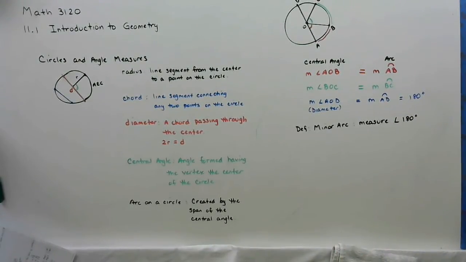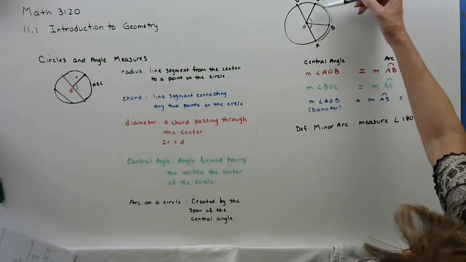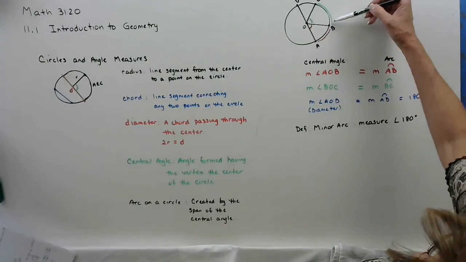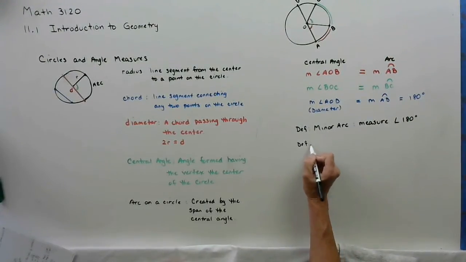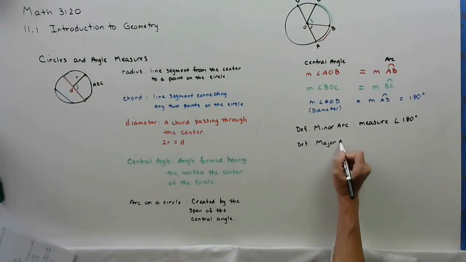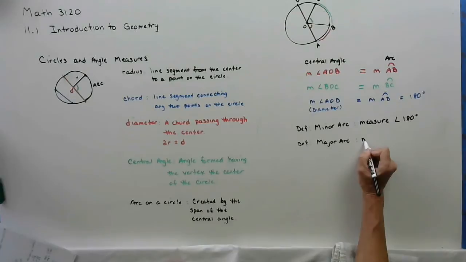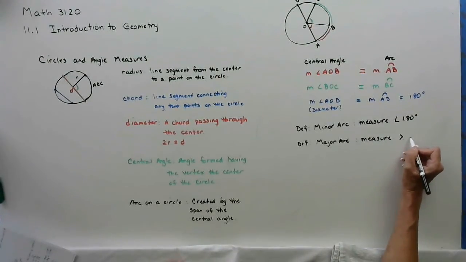So a minor arc might be this arc AB or BC, where I can see it's clearly less than 180 degrees. A major arc has measure greater than 180 degrees.